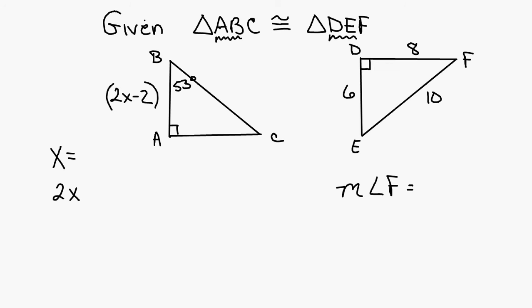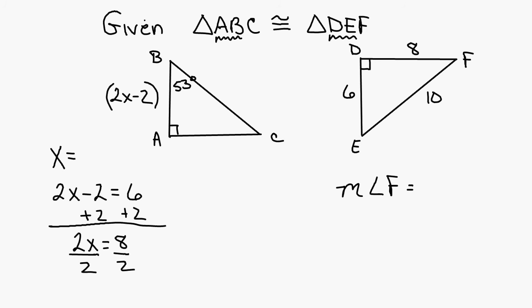It's equal to the 6. So you can add 2 to each side, and 2x would be equal to 8, and if you divide by 2, x equals 4. So x is equal to 4.